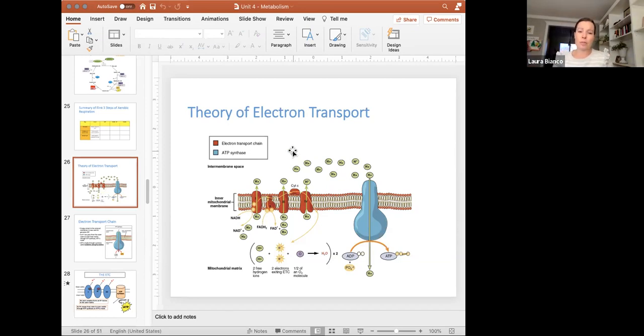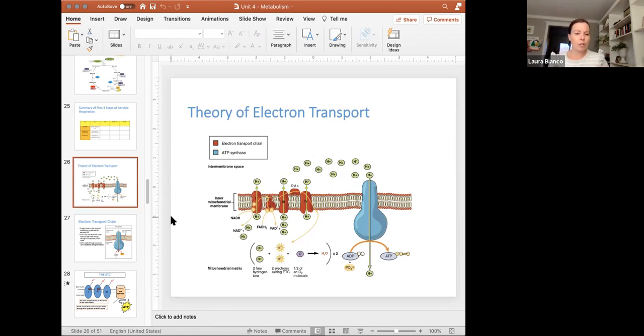In the electron transport chain, you're going to make a lot more. So all of the coenzymes that have been reduced along the way, all of the NADH and all of the FADH molecules, are now going to move, if they weren't already, into the mitochondria.